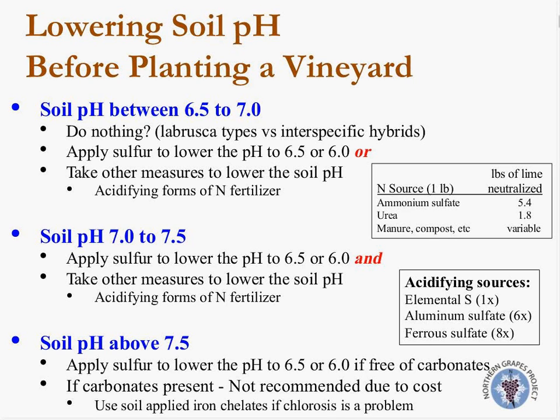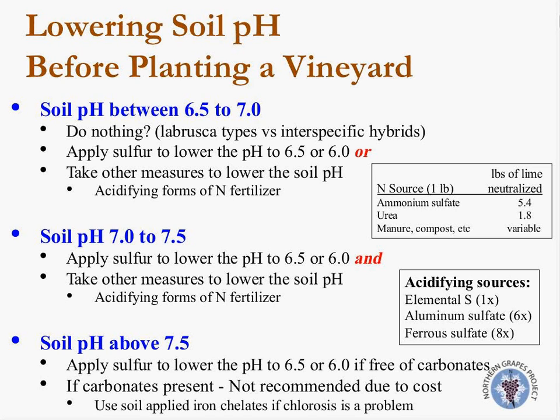In the 7 to 7.5 range, applying elemental sulfur is recommended. You can also use acidifying forms of fertilizer. You can see that there are other acidifying sources in addition to elemental sulfur. Aluminum sulfate and ferrous sulfate can also be used. However, elemental sulfur is usually the most economical source.